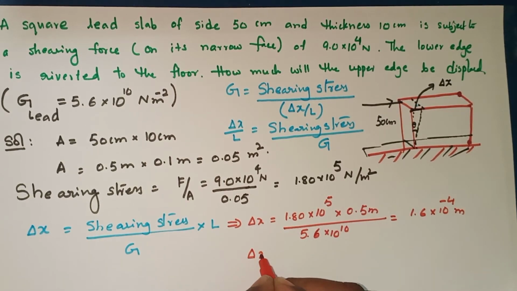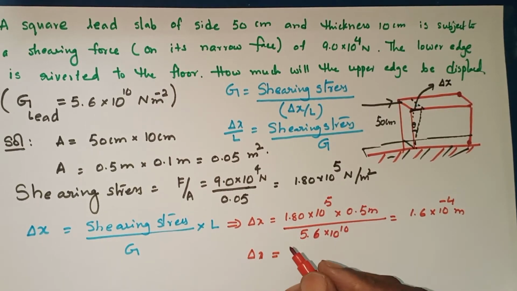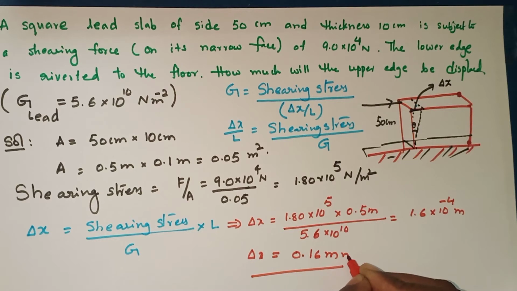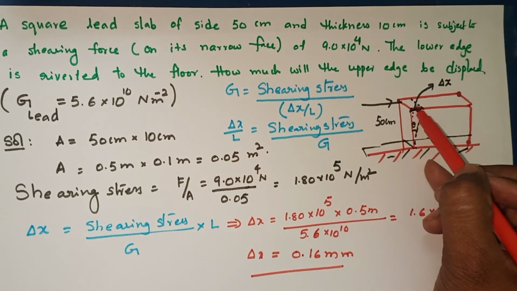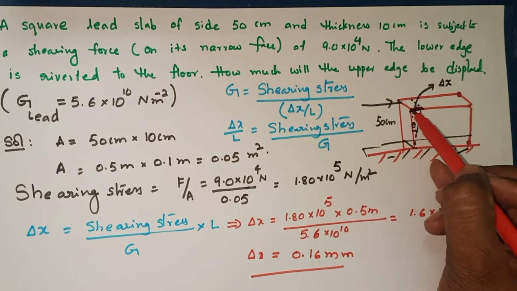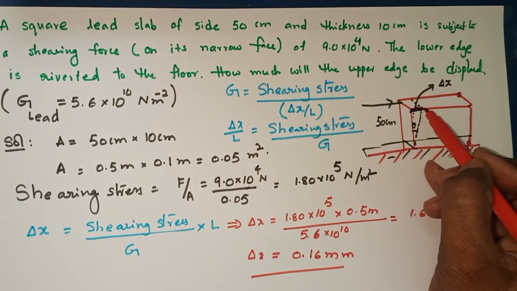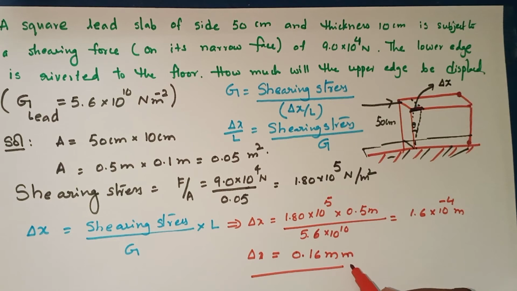Our delta x is equal to 0.16 mm. So the upper edge will be shifted by this small value by applying the shearing stress on the upper side of the lead slab.